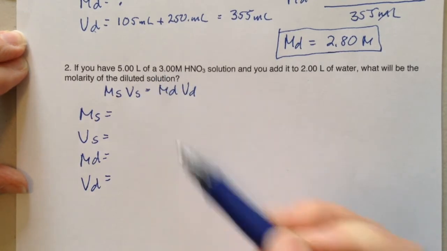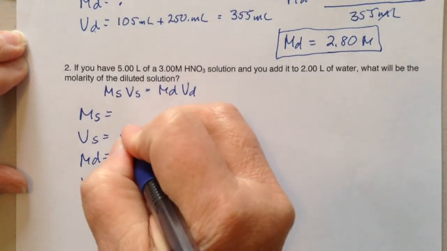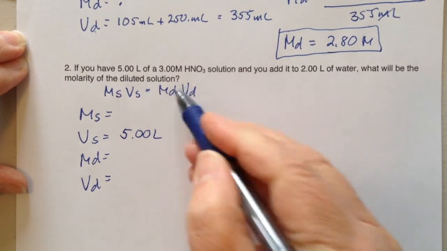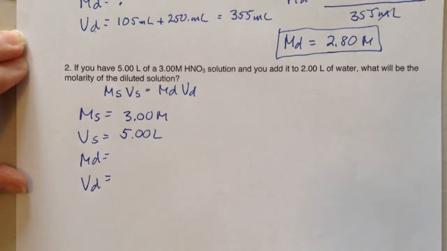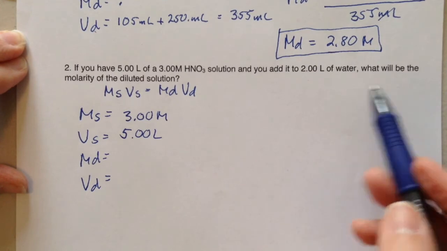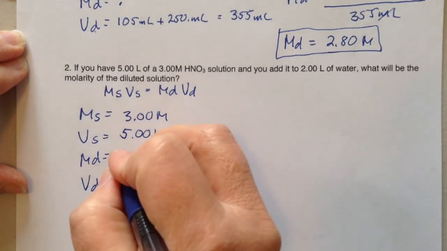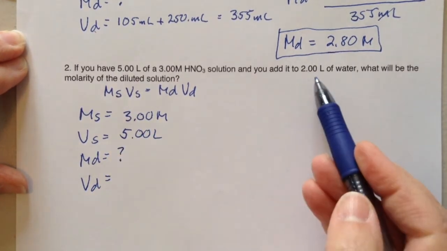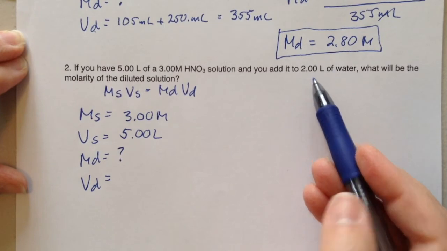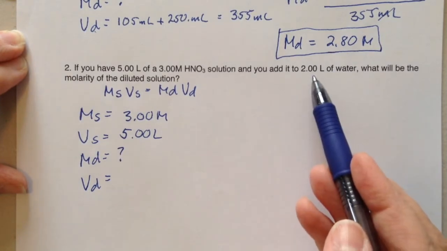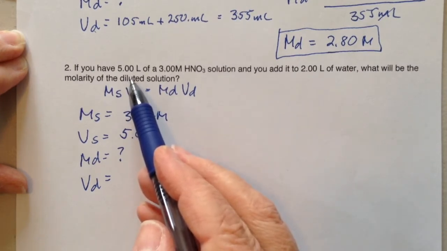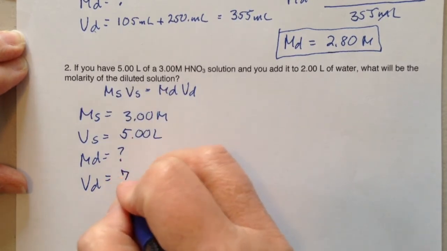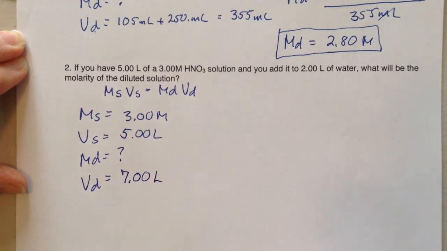We're starting out with 5.00 liters of the 3 molar nitric acid solution. We want to find the new molarity, and we added it to 2 liters of water. So the final volume is going to be those 2 liters of water we put in and the 5.00 liters, so a total of 7.00 liters is our new solution.